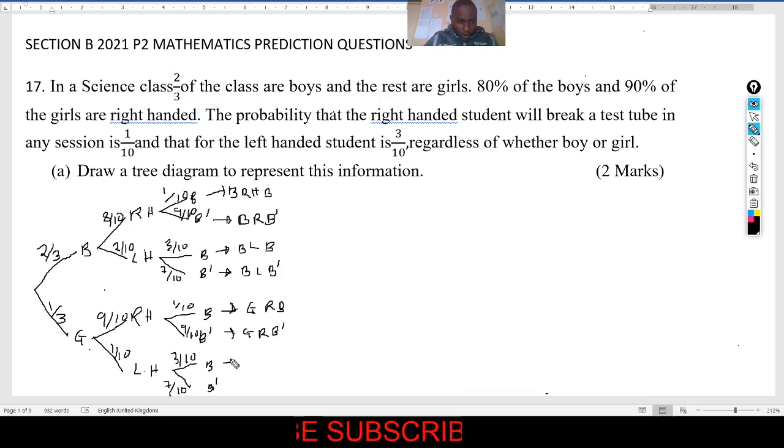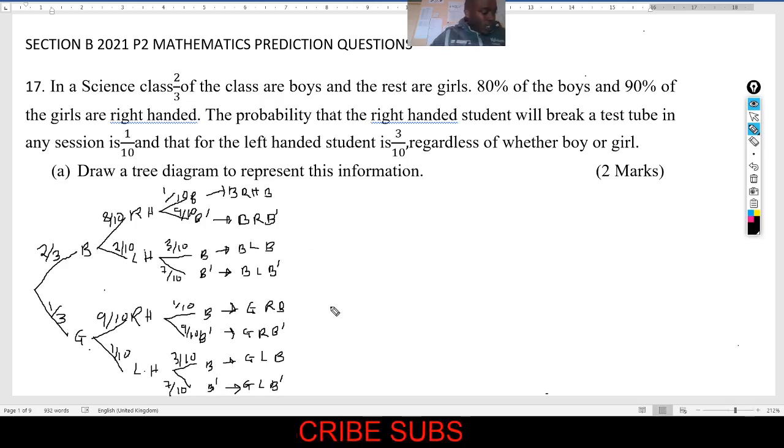You have a girl, left-handed, breaking. You also have a girl here, left-handed, not breaking. So for the first question, after presenting, you score your 2 marks for drawing this one.